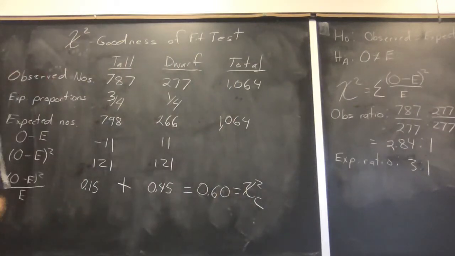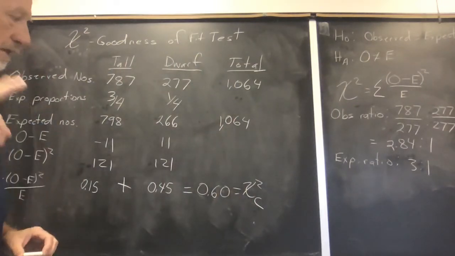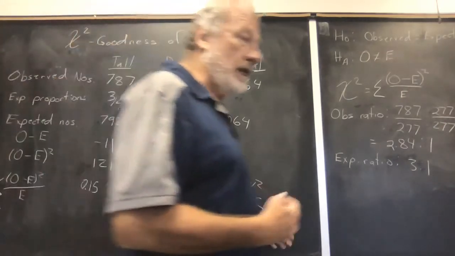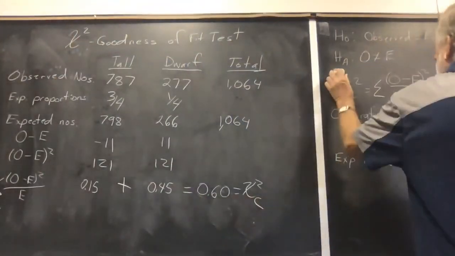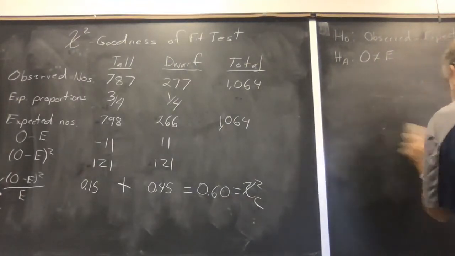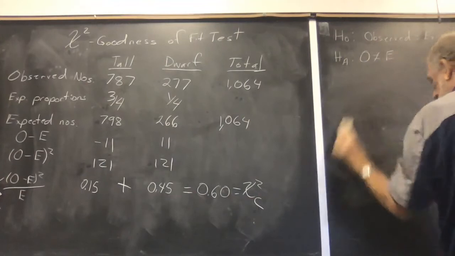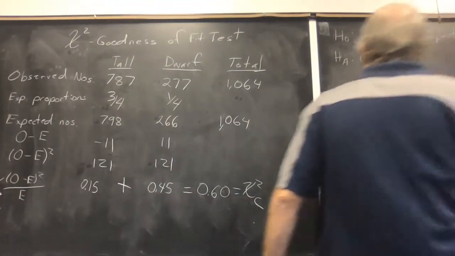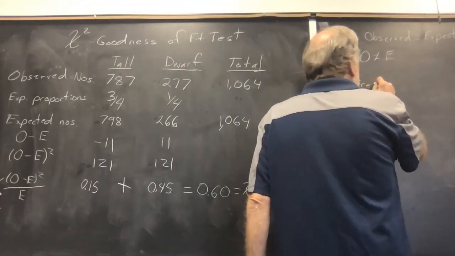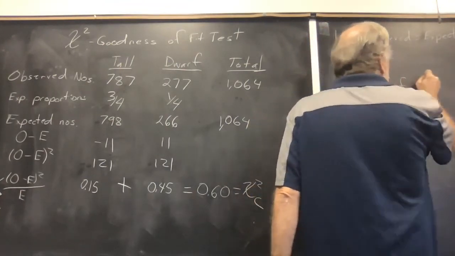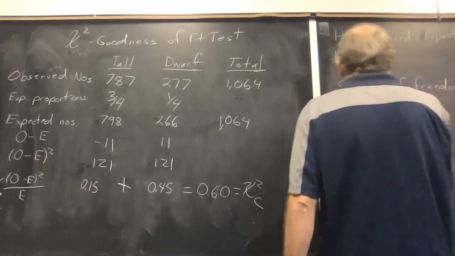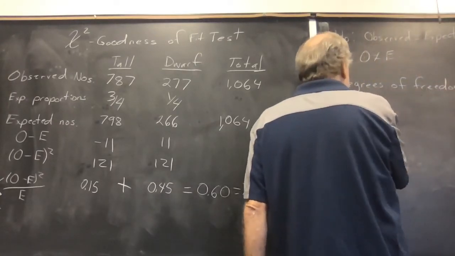Now we have to compare it to one in the table, but the table has rows and columns, so we'll have to figure out which column and which row to use. Let's look at that now. The rows are called degrees of freedom, or DF.